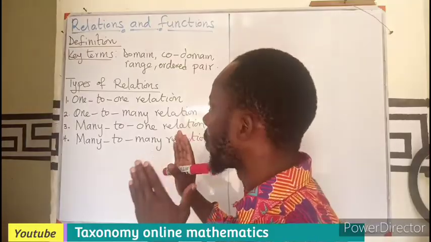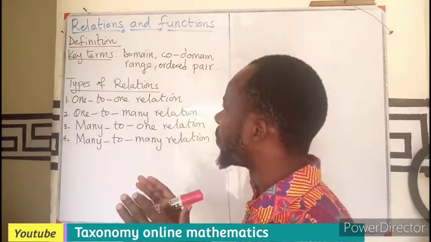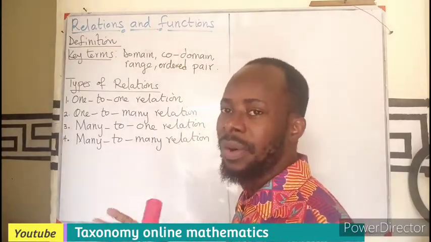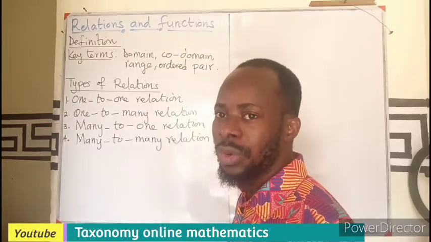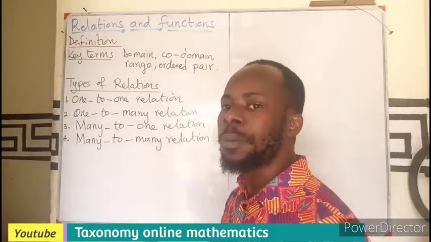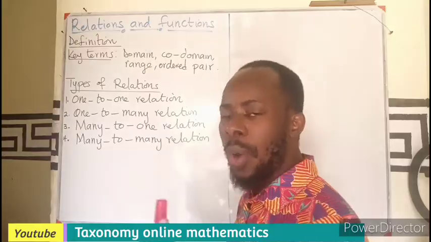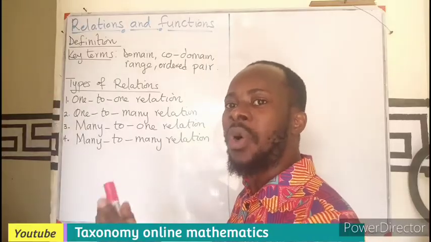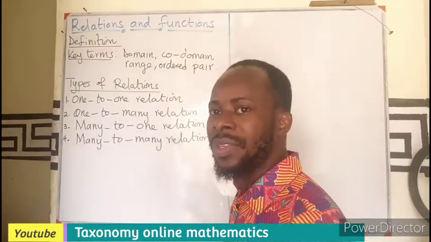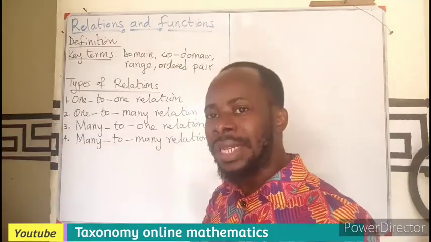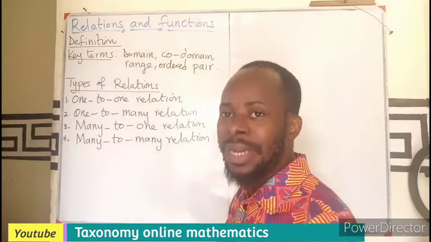If we are talking of the definition of a relation, we are only referring to a rule that unites two quantities where one quantity depends on the other. So one quantity is dependent and the other one is independent.